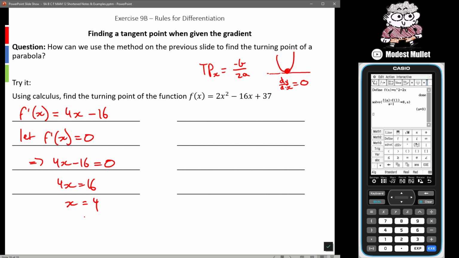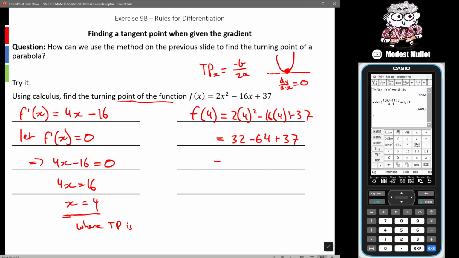So that tells us where the turning point is, but we want to find the actual coordinates. So we then need to go, well, f of 4 is equal to 2 by 4 squared minus 16 by 4 plus 37, which is 2 16s are 32, take away 64 plus 37, is equal to 5.